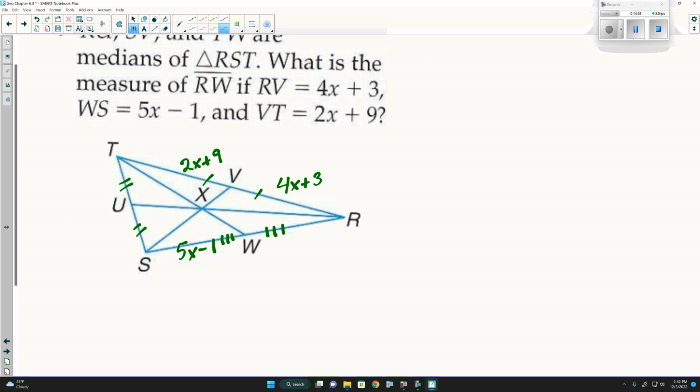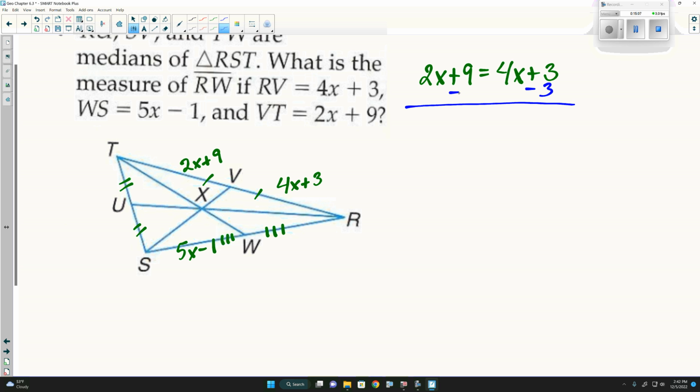So we do have that 2x plus 9 is equal to 4x plus 3. And the value of x in all 3 spots where we do have it is going to be the same. So if we can solve for x, then we can plug it back in there. So when we get x, we're going to put it back into 5x minus 1.